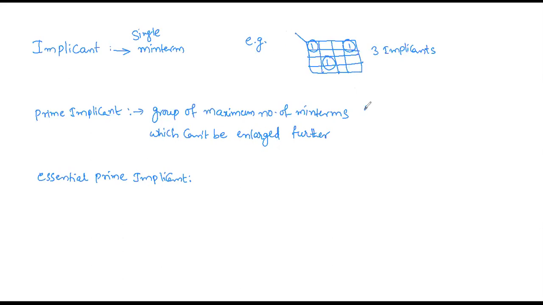We'll see one example for this one. Take one 4 variable K-map.